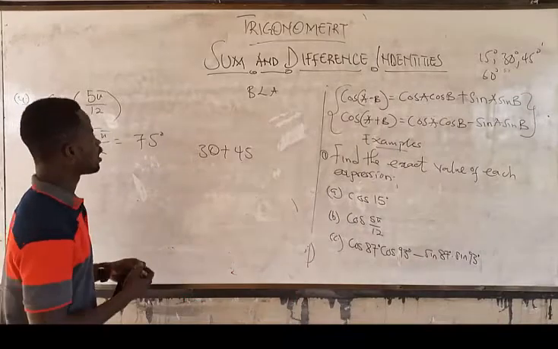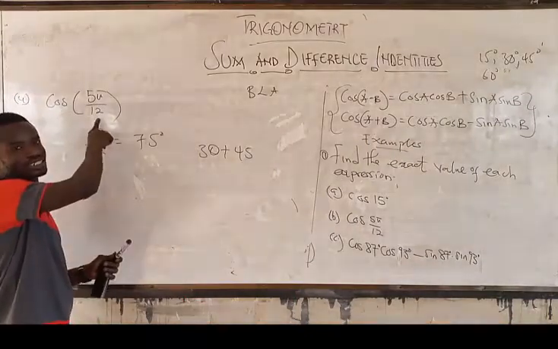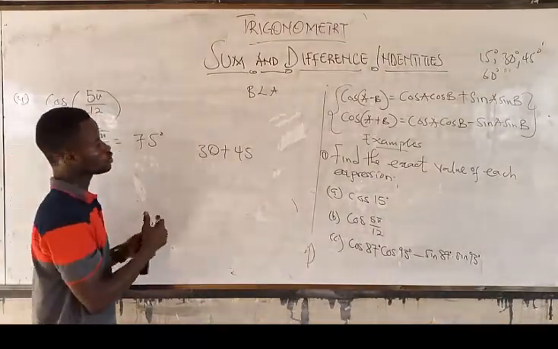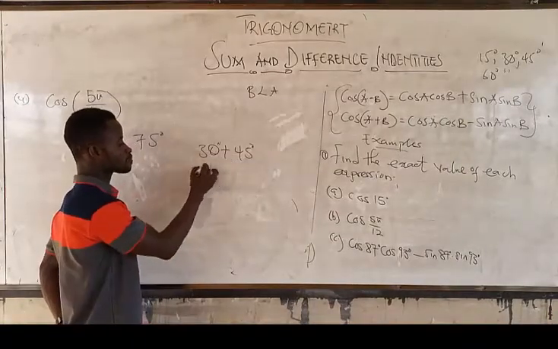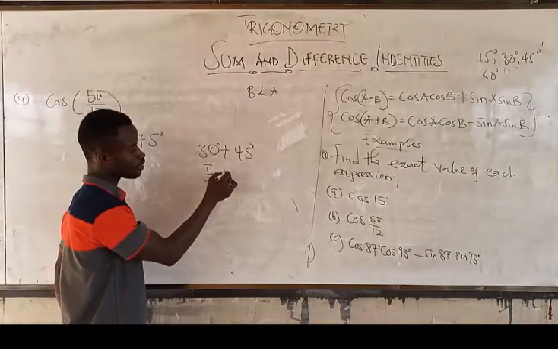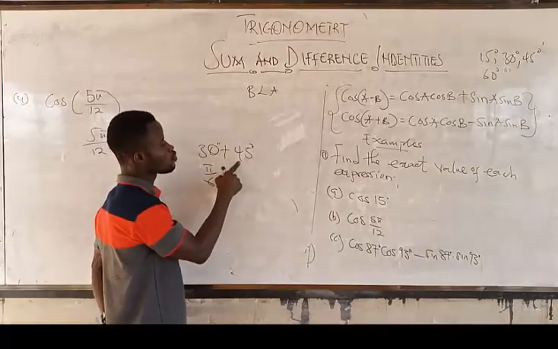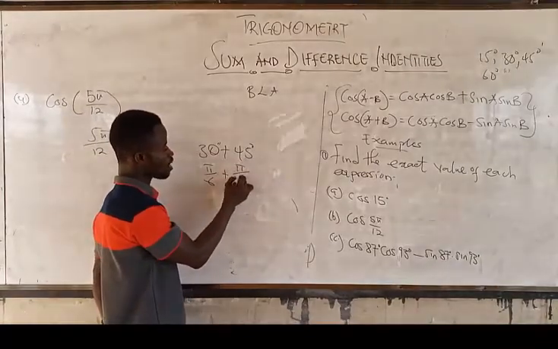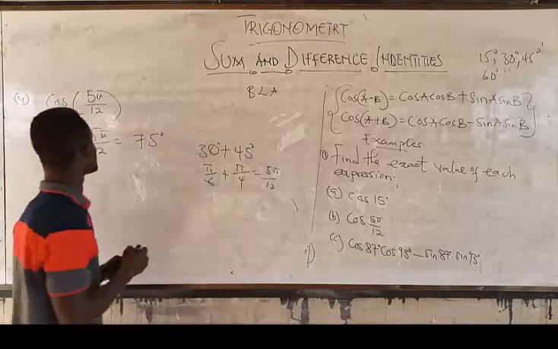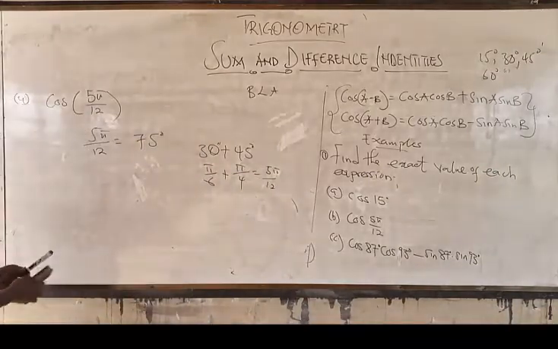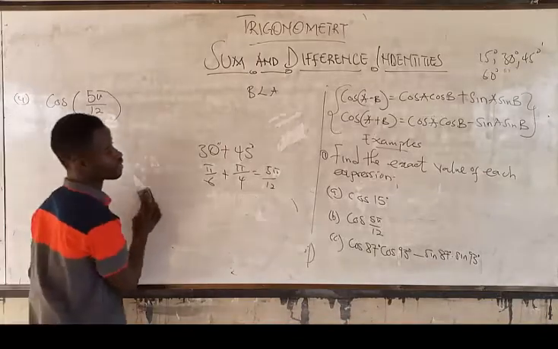Now, the question is not in degrees but in radians, so you count back. 30 degrees is the same as pi over 6, and 45 is pi over 4. So this gives 5 pi over 12. Then you can review that. Alright? Thank you for your understanding.